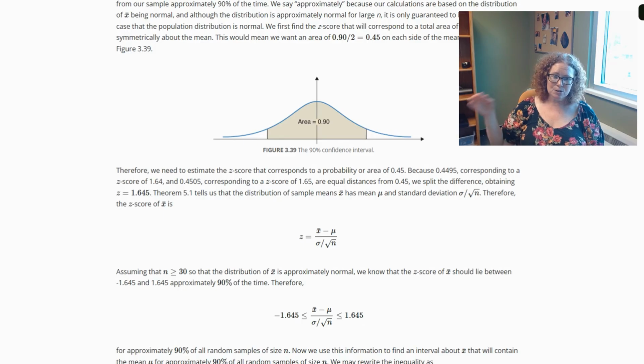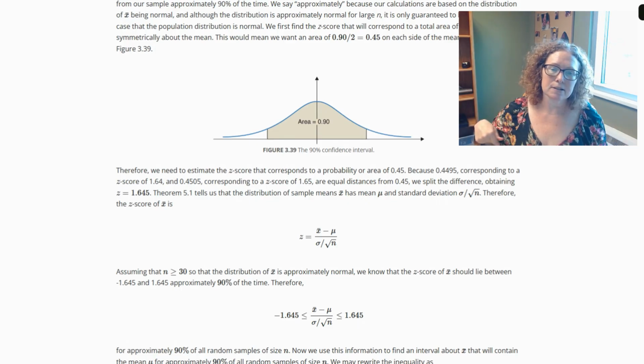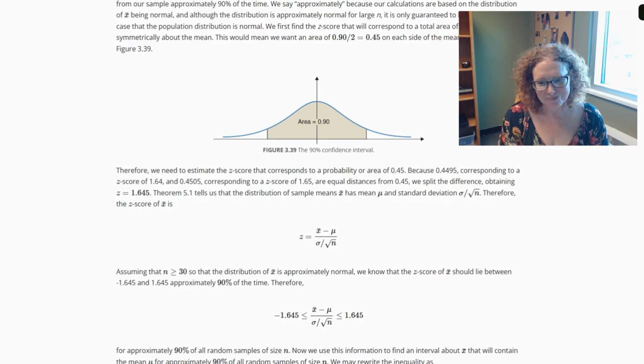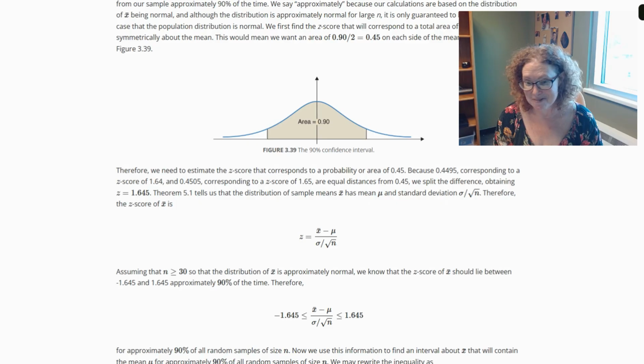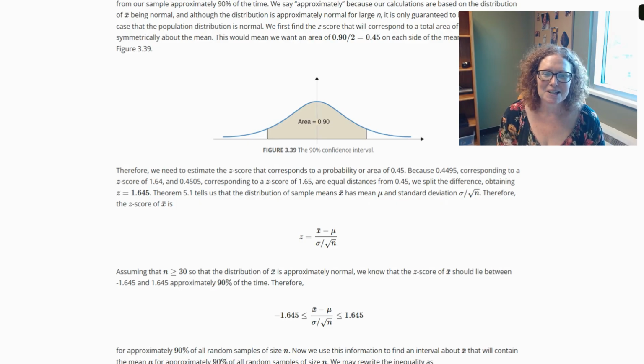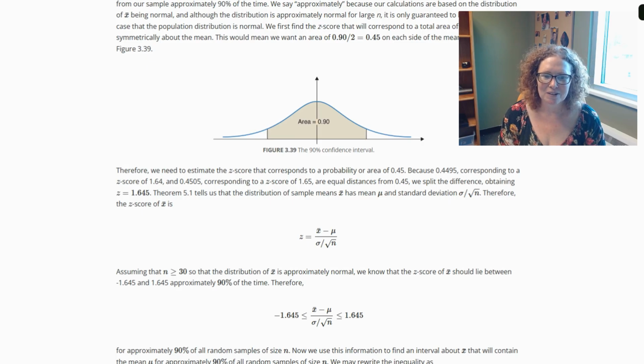We are going to use this formula to find the answer, and it will be z is equal to x bar, the mean of the sample, minus the mean of the population, divided by the standard deviation divided by the square root of n.